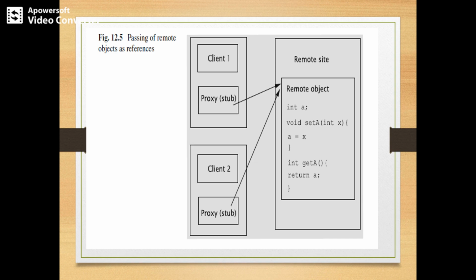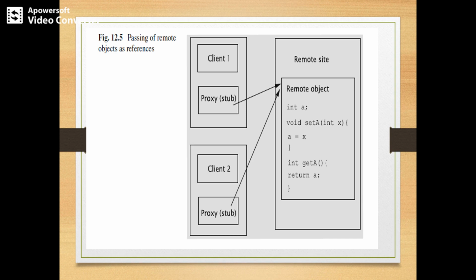Both clients maintain a reference to a stub object that points to the remote object, which has a field named A. So this is the remote object, and we have a stub of the code here: integer A; void setA(int x) { A = x }; integer getA() { return A }. This is the remote site, the remote object, and the stub of the object.